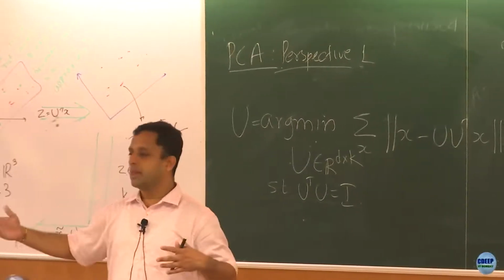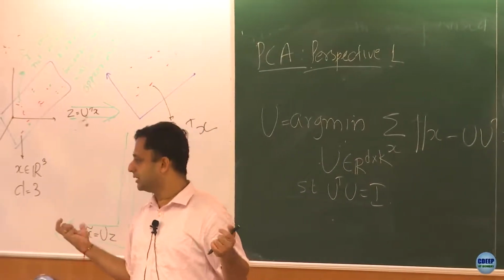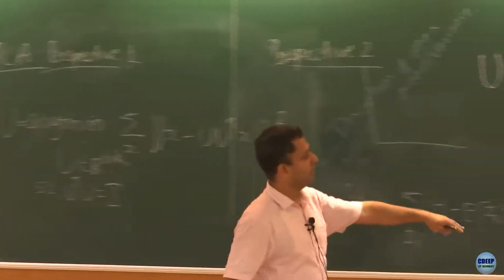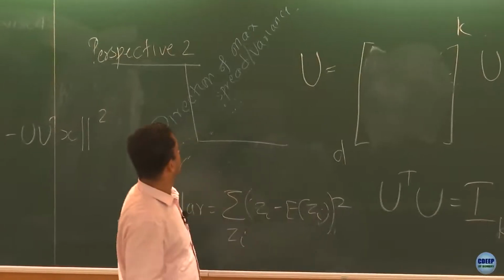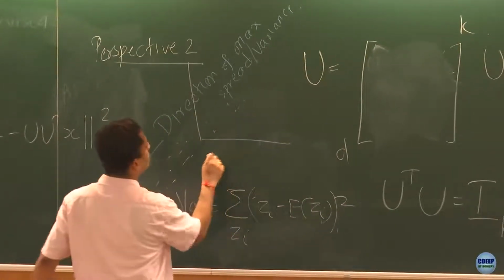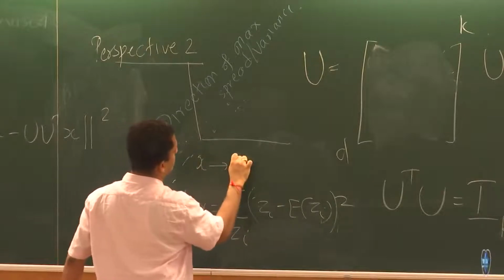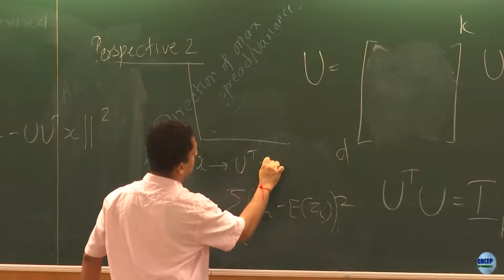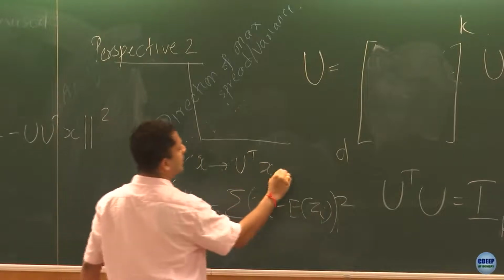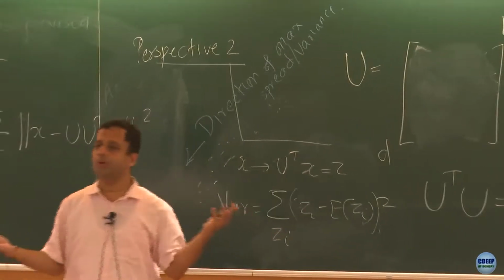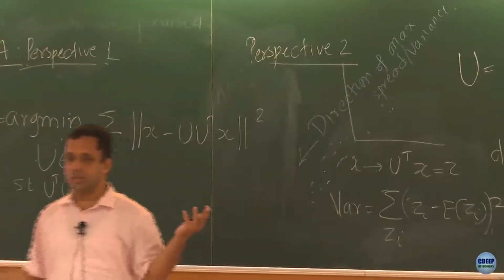If you take the expected value of U transpose times x, you still get 0, right? So you are going from x to U transpose x, which is z. So the z is also going to be mean 0, centered around 0.